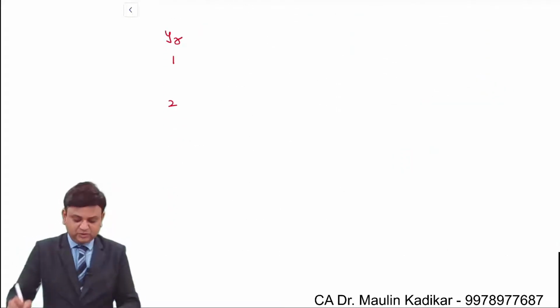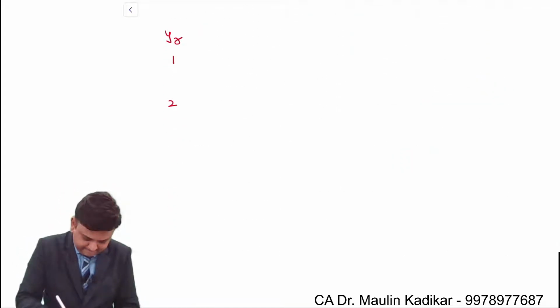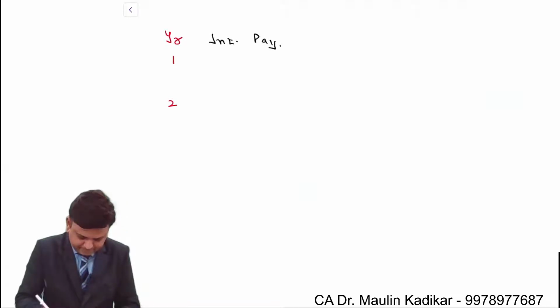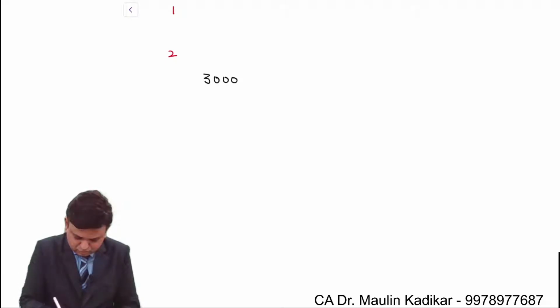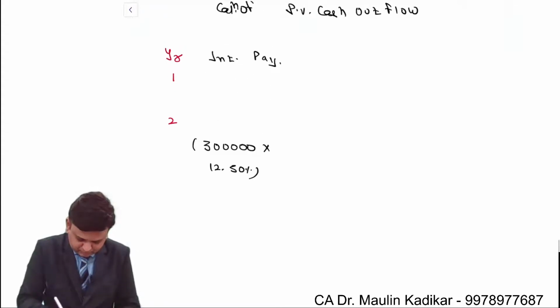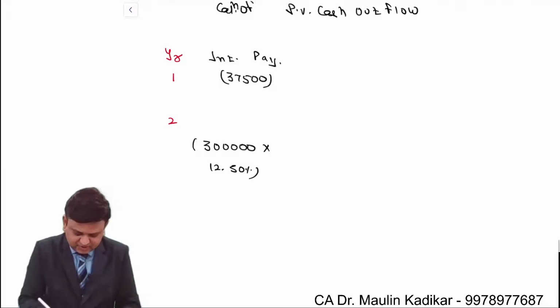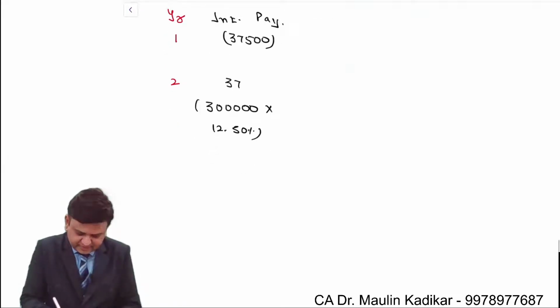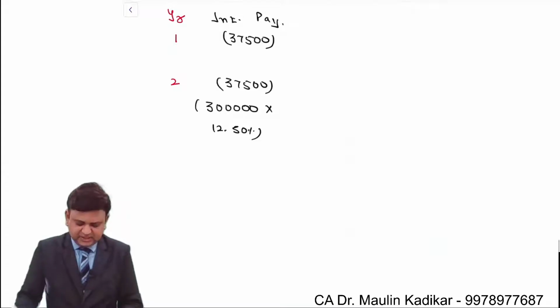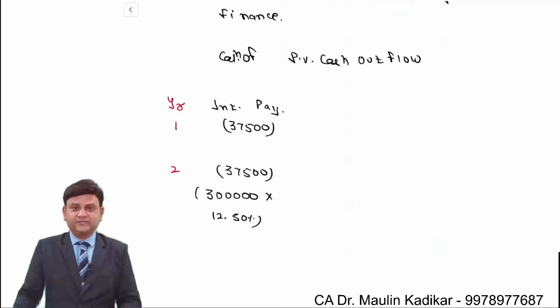So there is an interest payment: 3 lakhs into 12.5 percent comes to 37,500 for the first year and 37,500 for the second year. So for each year, there will be payment of interest.